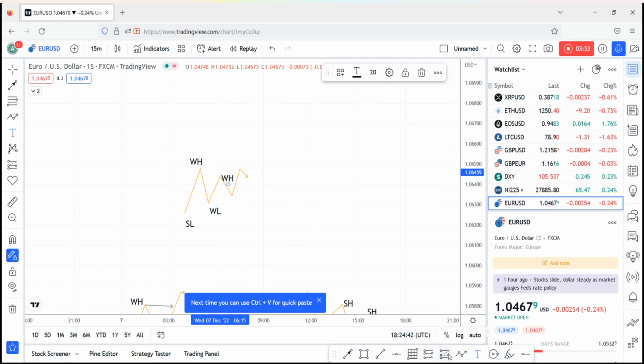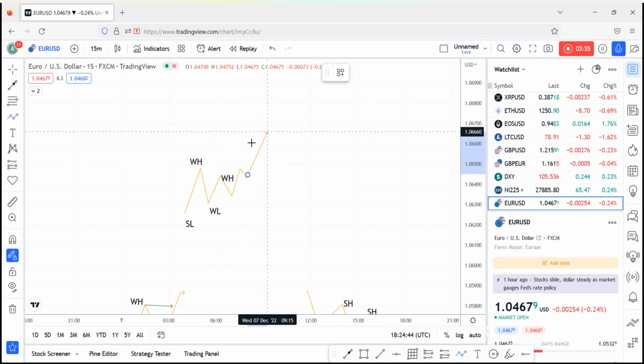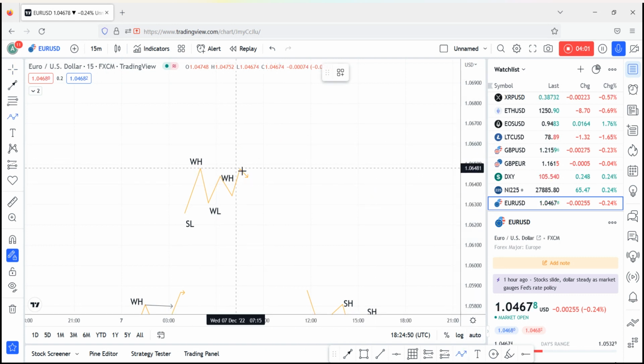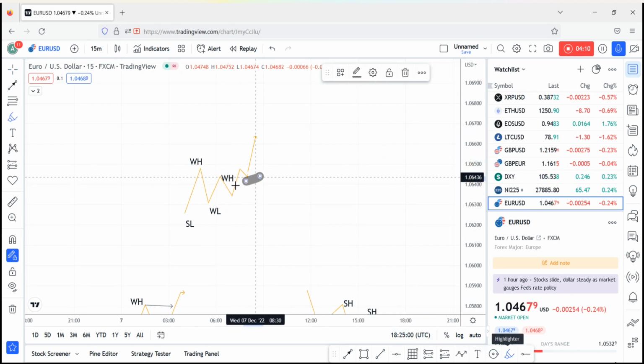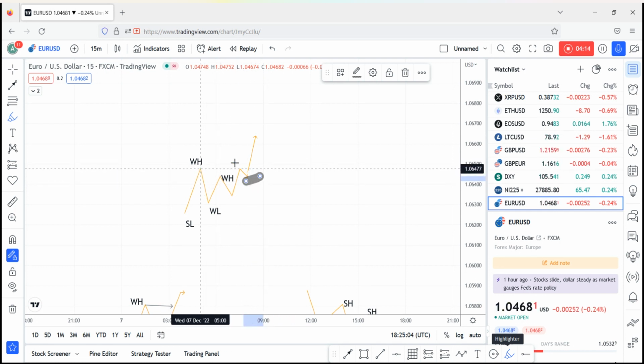So now what can happen is, if price made a break of structure from here, this move will be considered as a strong low, right? And you can mark this as your demand zone, if price made a break of structure from here.